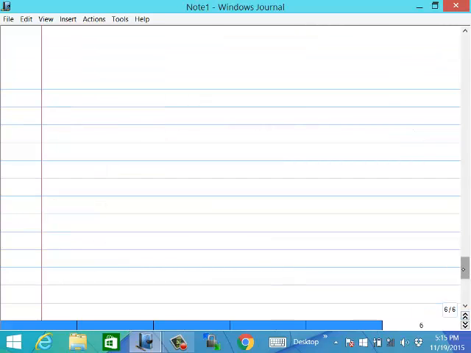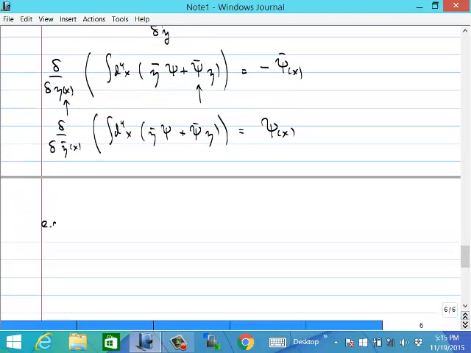So for example, if you wanted to compute the time-ordered expectation value of two spinors, well, this is 0, because I need to put a psi bar somewhere. So let's put a psi bar there. So what is this?